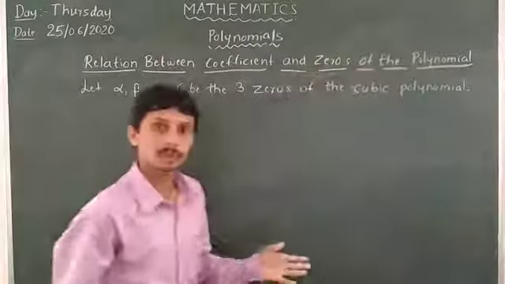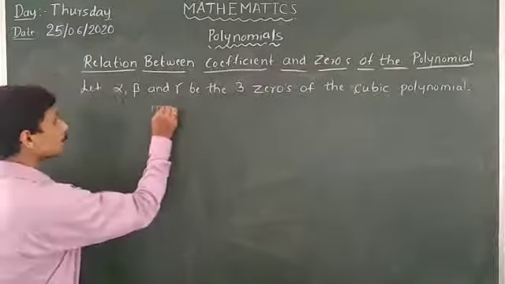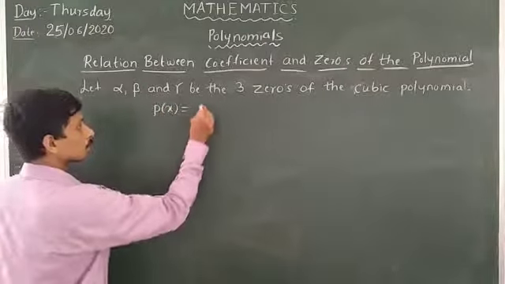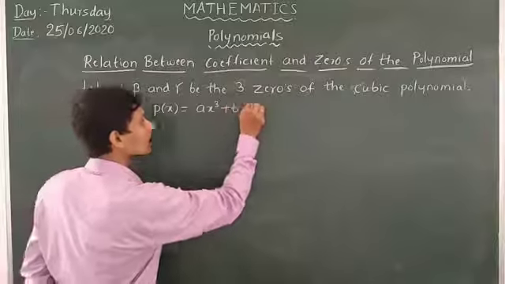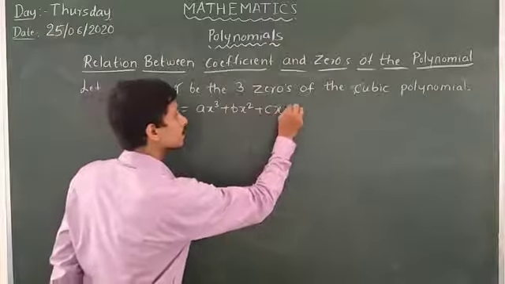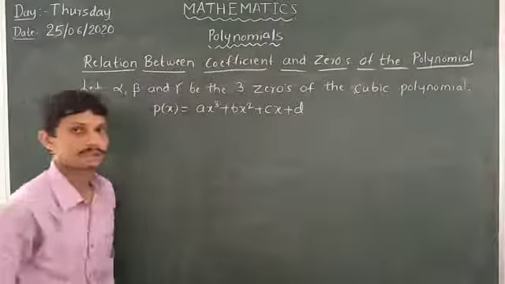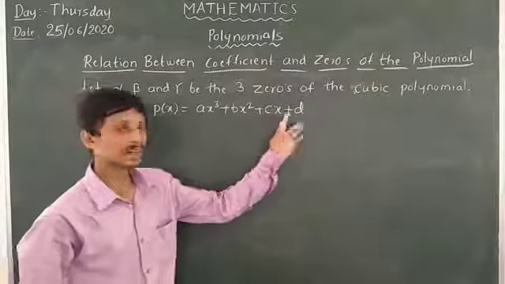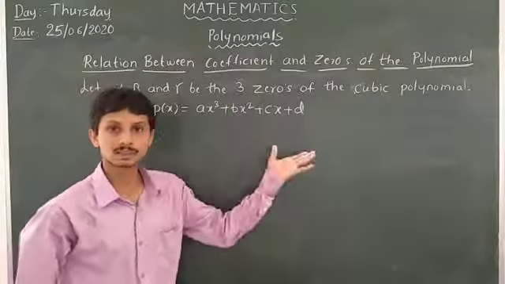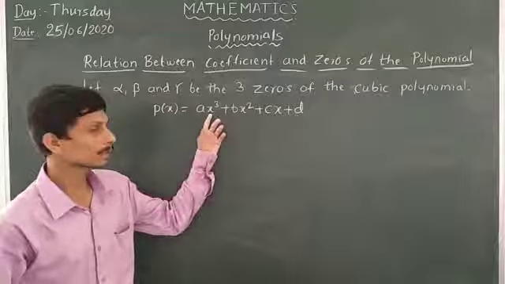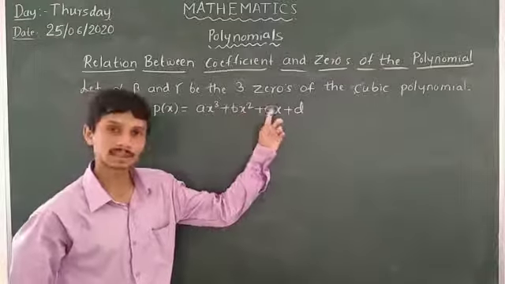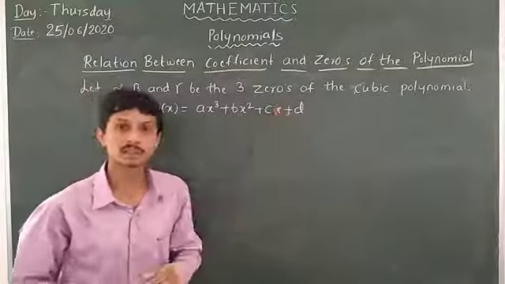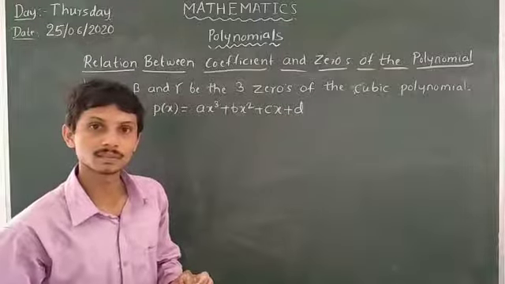What is the form of a cubic polynomial? That is p of x is equal to ax cube plus bx square plus cx plus d. Here a, b, c and d are coefficients. The coefficient of x cube is a, the coefficient of x square is b, the coefficient of x is c, and the constant term is d here.